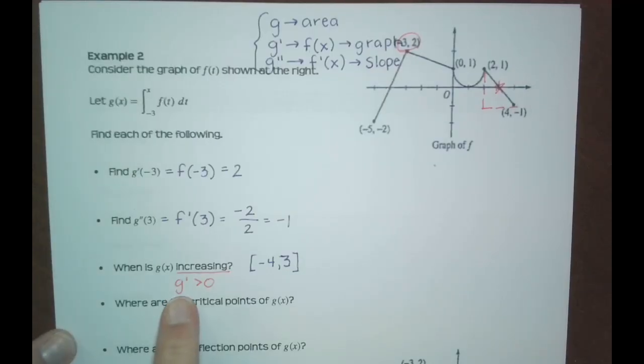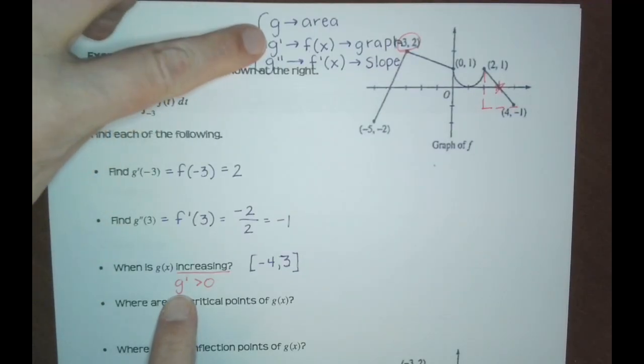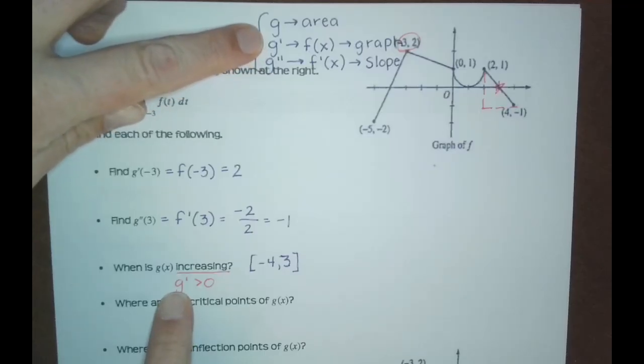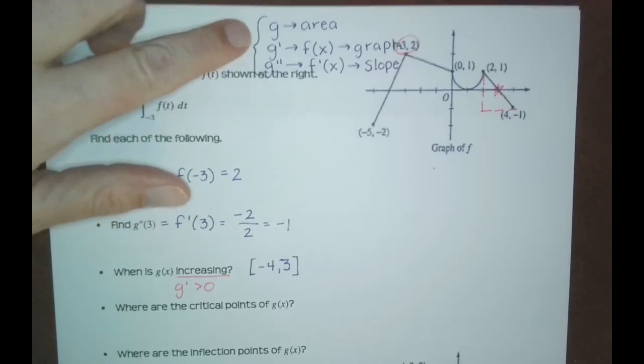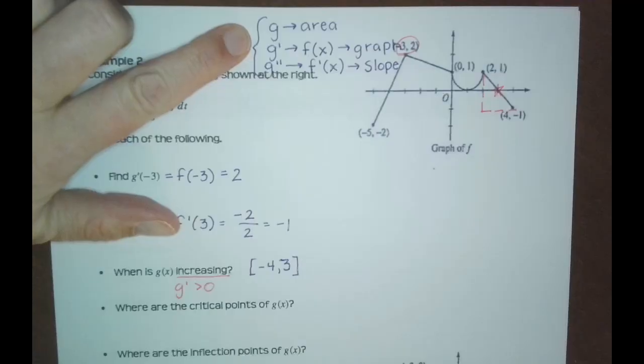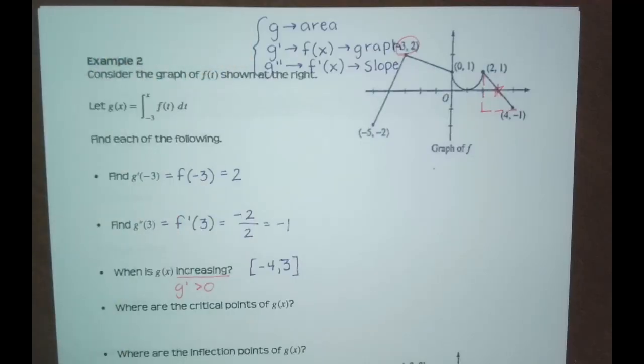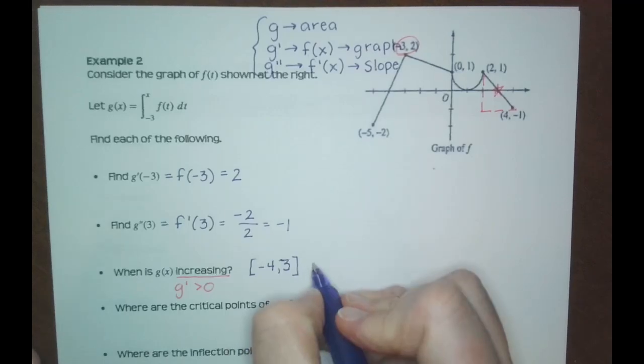This is essentially what we want to say, but we also need to include this information, that g prime is really f. Okay. Now, with a free response question, as long as you say that once, you're covered. So if you had this written on your paper someplace as part of your response, you wouldn't have to restate it. But just to be safe, here's what I'm going to say.